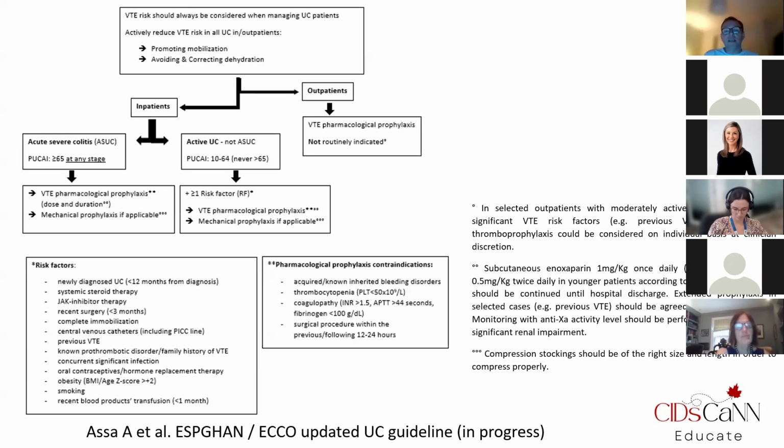So I think the guidelines have moved us one step forward, and particularly for patients like this, whom you wouldn't have given thromboprophylaxis to in the past, maybe just think about it now. Next slide.